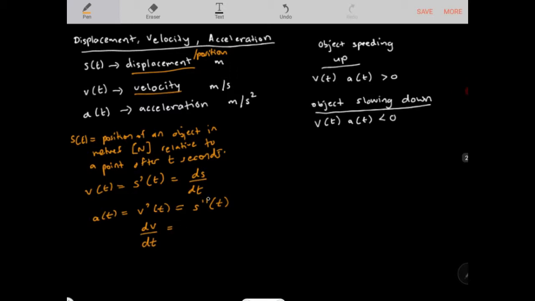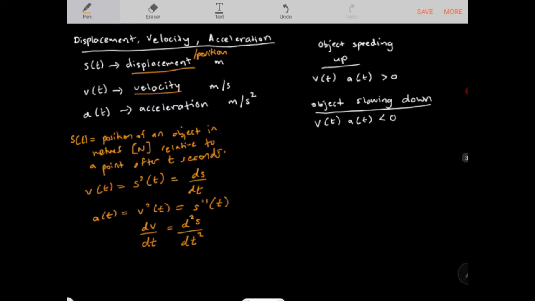We can also write it as the second derivative, d2s over dt squared, of the position function relative to time. I want to describe an example relating the two.